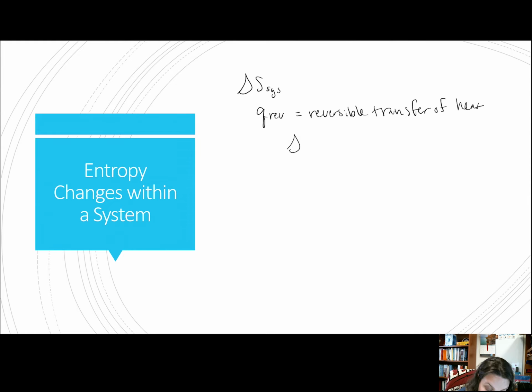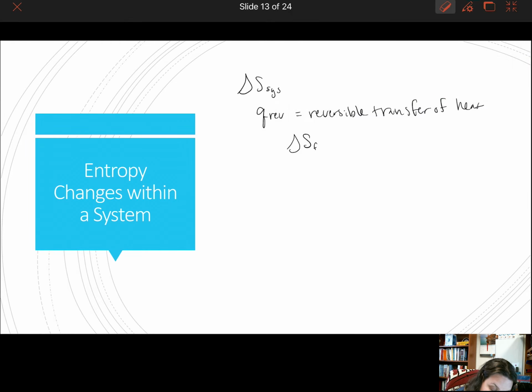Our delta S is equal to our Q rev over temperature. So we have to have an isothermal process. Here we have a reversible heat transfer going on. An example of a reversible heat transfer would be freezing, or a phase change in general.